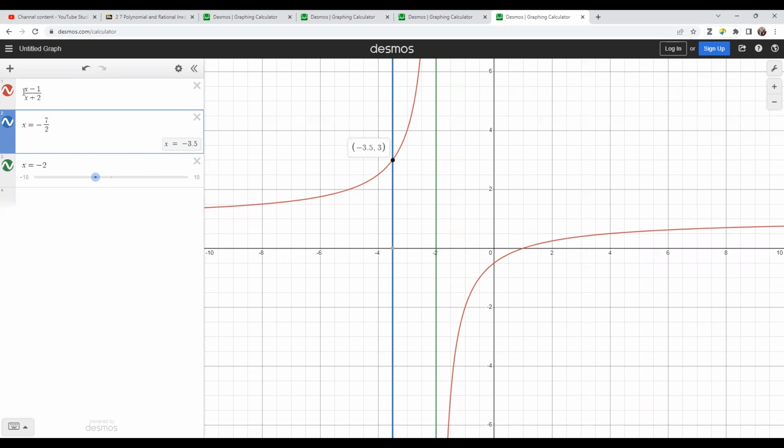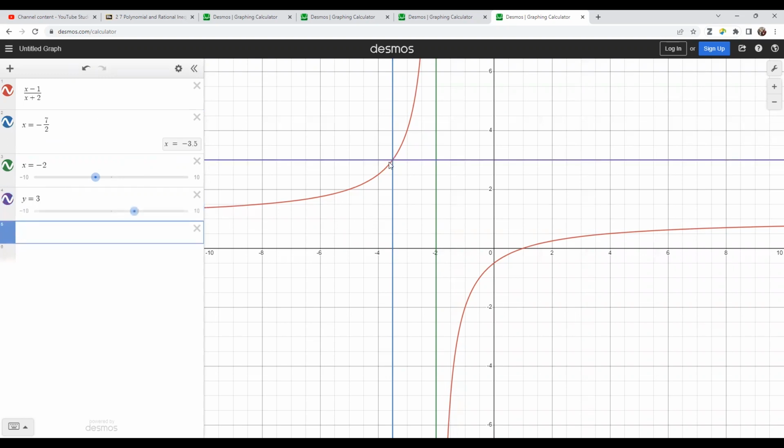The question is, where is this greater than or equal to 3? So if I plot the line y equals 3, you'll see that starting right here at -7/2 and above, over to this asymptote, it's above 3 and nowhere else. So either of the two inequalities works. And with that, we have concluded chapter 2.